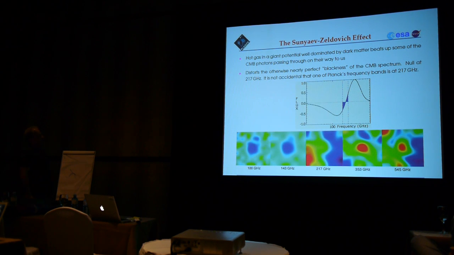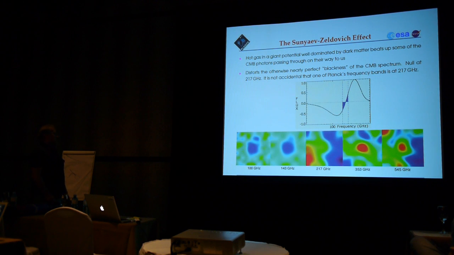Even though the fraction of photons who actually undergo scattering going through clusters is small, there is a photon-preserving energy shift for the aggregate of photons coming through the cluster, which results in a slight distortion of the spectrum, which would be black body at average temperature of CMB otherwise.